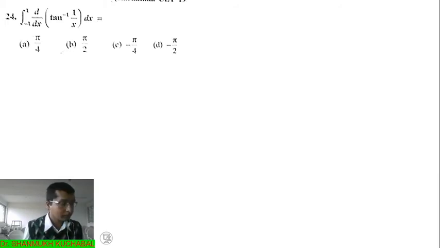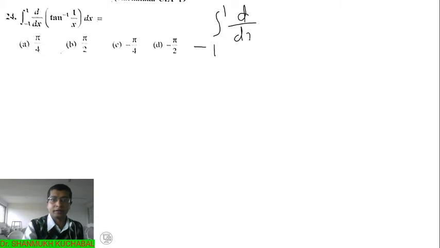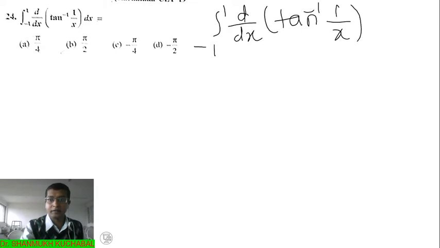So example 24. It is the integral from minus 1 to plus 1 of d by dx of tan inverse of 1 by x, into dx.